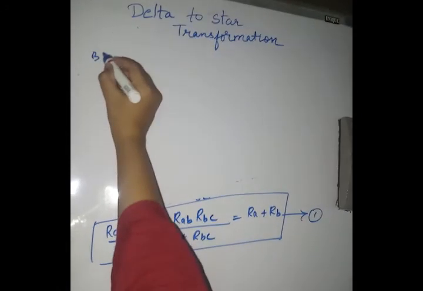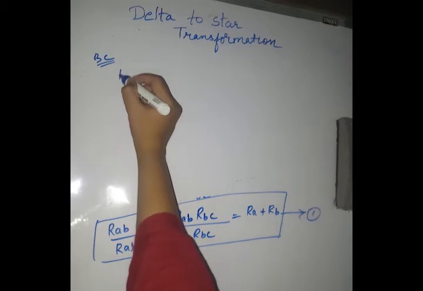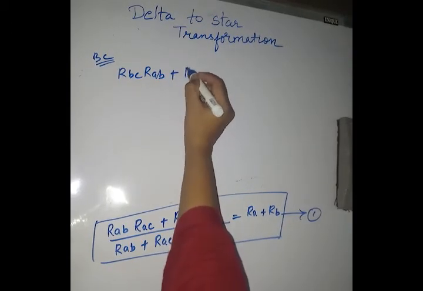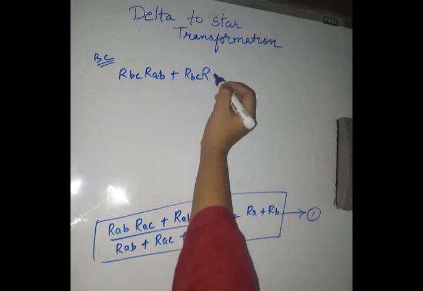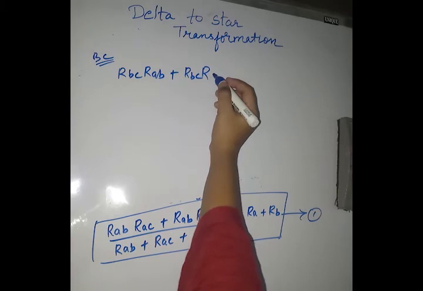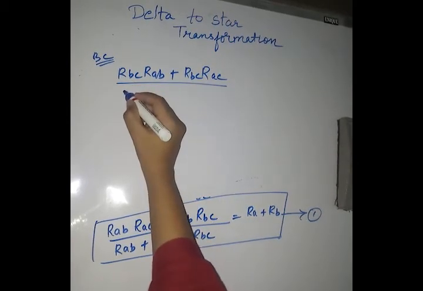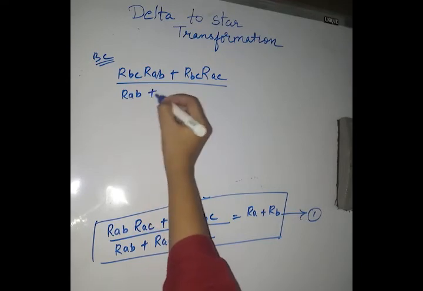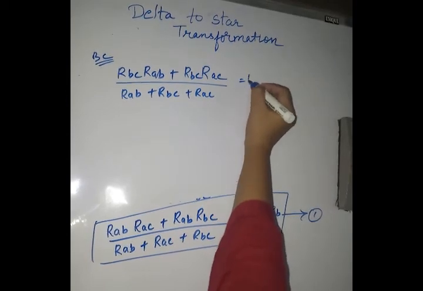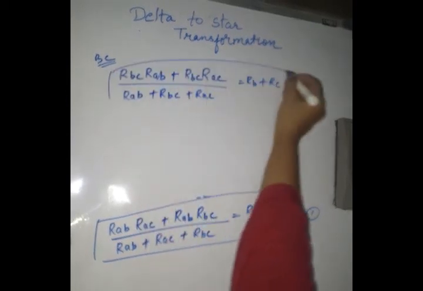So at BC terminals, upon seeing, what we will get? We will get RBC into RAB plus RBC into RAC divided by RAB plus RBC plus RAC, which equals RB plus RC. This is equation number 2.